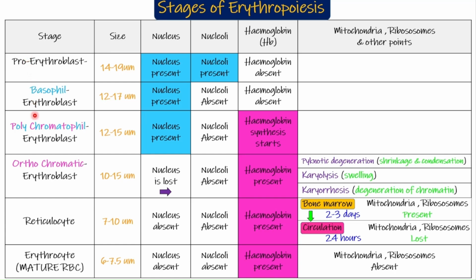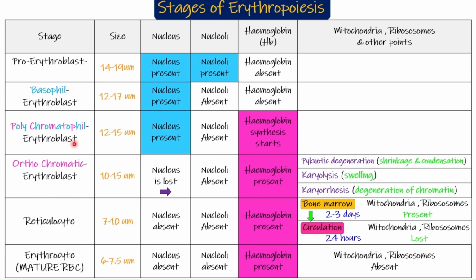All these stages up to the orthochromatic erythroblast take place in the bone marrow. Then the reticulocytes are formed in the bone marrow and enter the circulation, where these immature cells are converted into mature red blood cells.